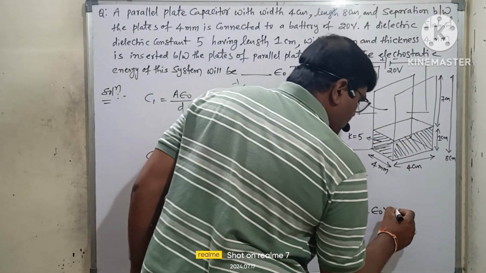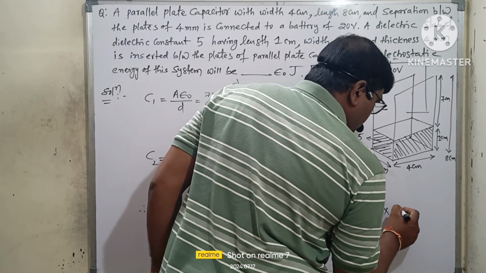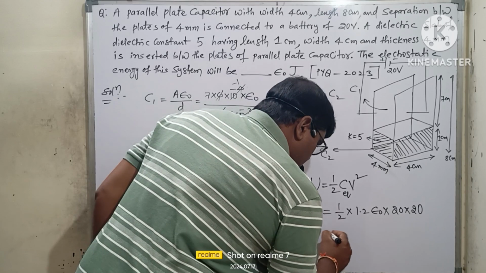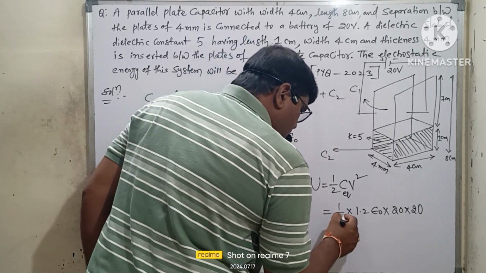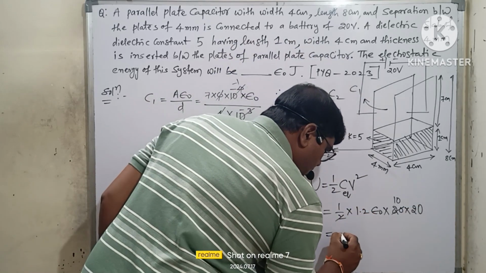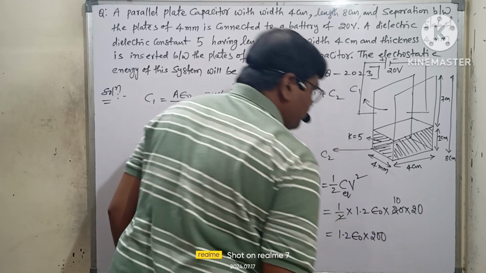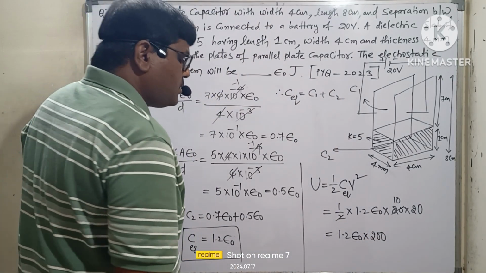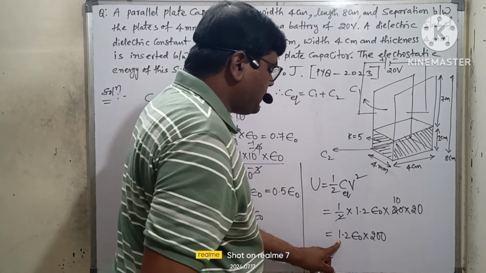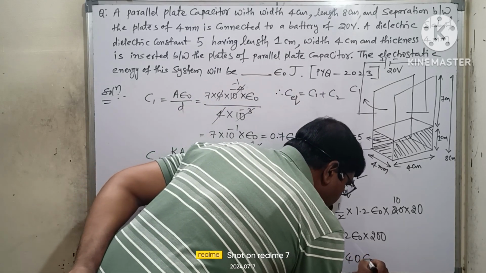V is given as 20 volts, so 20 into 20 is 400, and half of it is 200. So 200 into 1.2 into epsilon naught gives 240 epsilon naught.